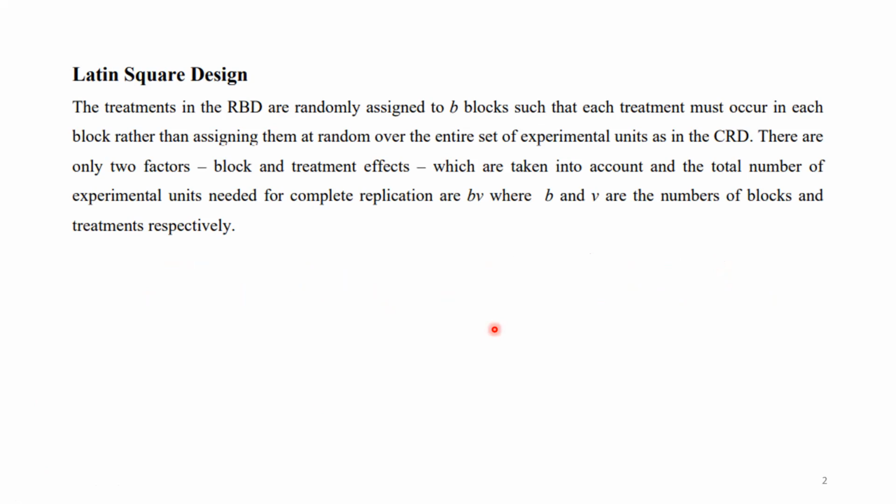Only two factors, blocks and treatment effects, are taken into account, and the total number of experimental units needed for complete replications is BV, where B and V are the number of blocks and treatments respectively. Okay, take 2 minutes and read the slide again and try to understand what it says.